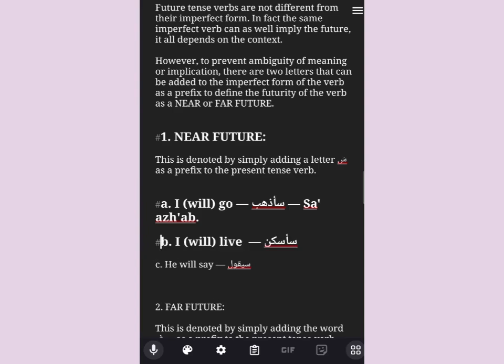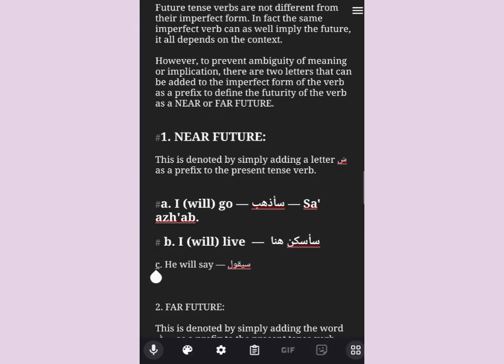Of course, I can also say سأسكن, I'll live. سأسكن هنا, I'll live here. هنا means here. It shows my willingness to do that, and of course I'm ready to do it, probably immediately after I talked.